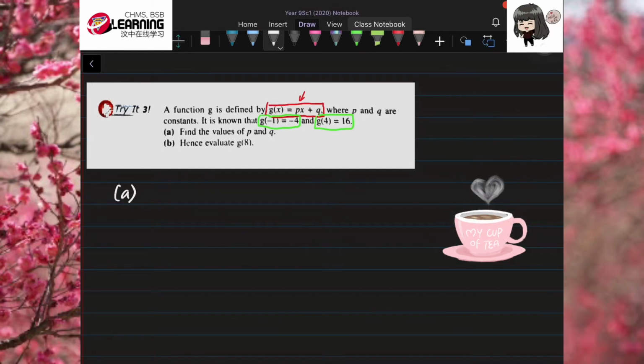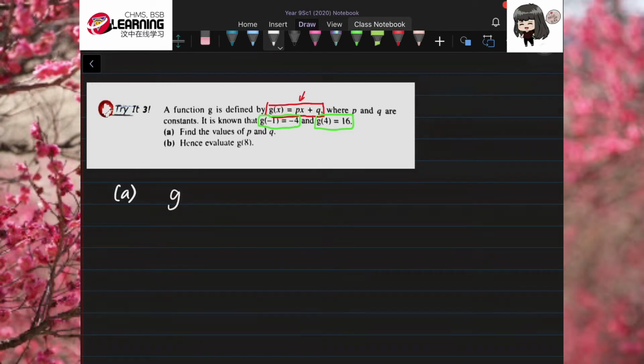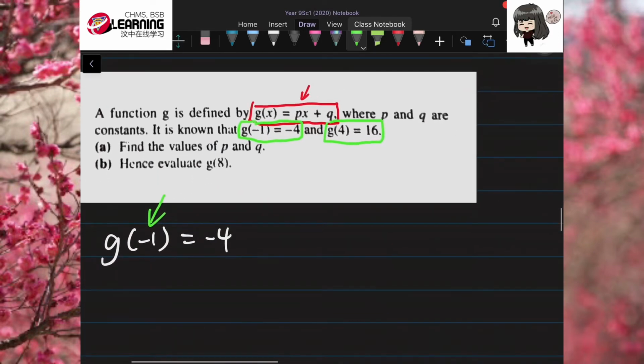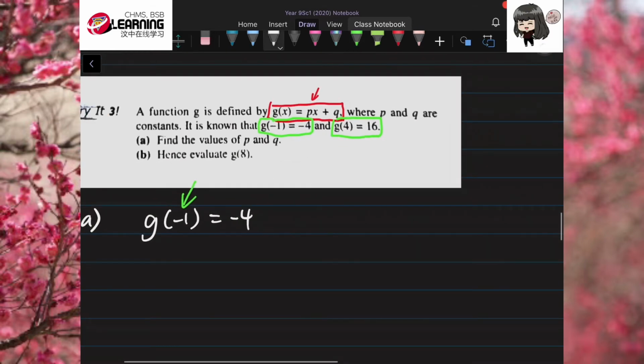We'll do part A first. So it means that g of -1 equals -4. It means that your input is -1, or your object is -1, and you sub into the function px plus q, which is already given, and it will give you an output or your image, which is -4.